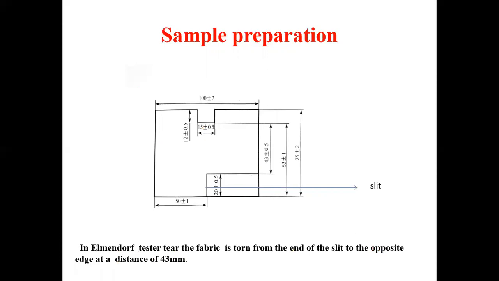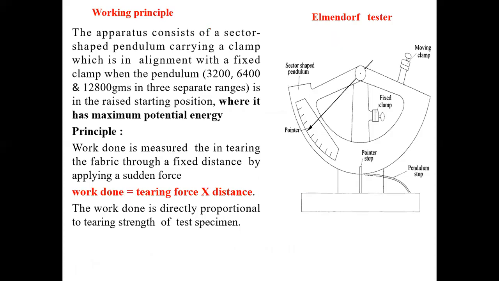Now let us see the basic working parts of the instrument. Yes, this is the element of tear tester. You can see this is the stand, or the frame, of the instrument. This is the sector shaped part, semicircular, and it is basically the pendulum. Now the instrument is provided with two clamps.